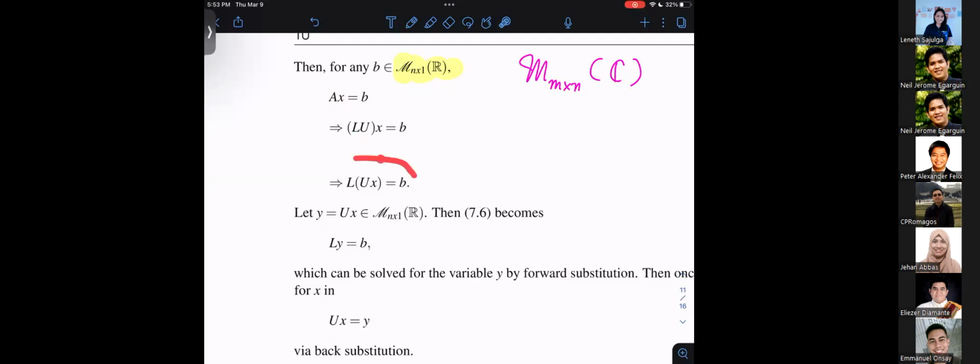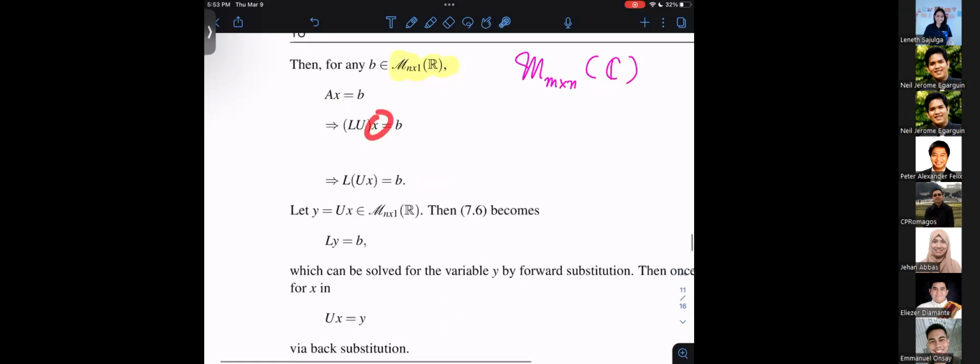And that's what was done in the next step, right? Instead of multiplying L and U together first, before multiplying with the vector of unknowns X, I'll multiply U and X together first before post multiplying the product to the matrix L. So I simply translated the parentheses one step to the right.